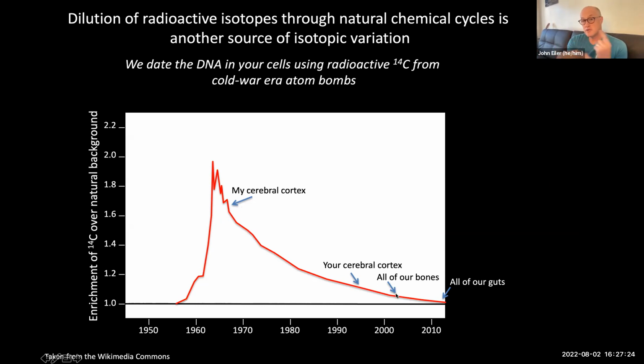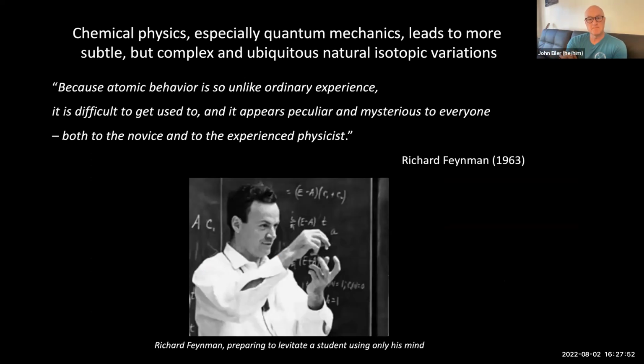Our bones swap out carbon atoms in the collagen very quickly because we have to repair damage to the bones. Our intestines, our guts, trade out carbon atoms very, very quickly, on weeks to months, because they're a tissue that's very active, gets damaged quickly, and regenerates itself quickly. So you can date different parts of your body and when they were last fixed from the external biosphere using carbon-14 content through the bomb spike.